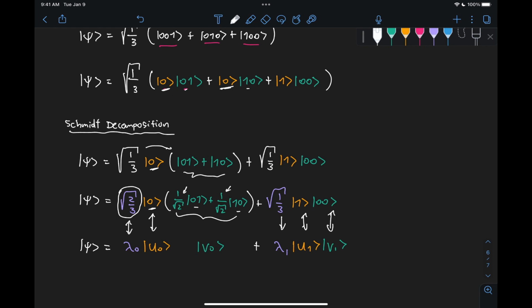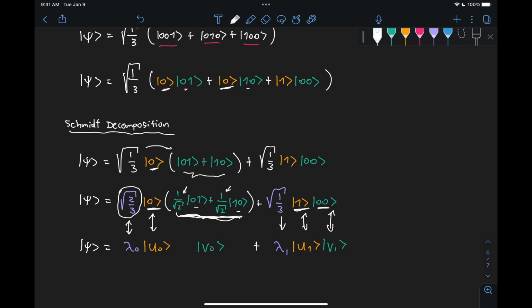And as we can see here, the states in subsystem A are orthogonal, right? So this 0 and this 1 are orthonormal. And then this state, this equal superposition of 01 and 10, is also orthonormal to the state 00, right? If we perform the inner product between the two of them, we're going to get 0. So again, we did this by inspection.